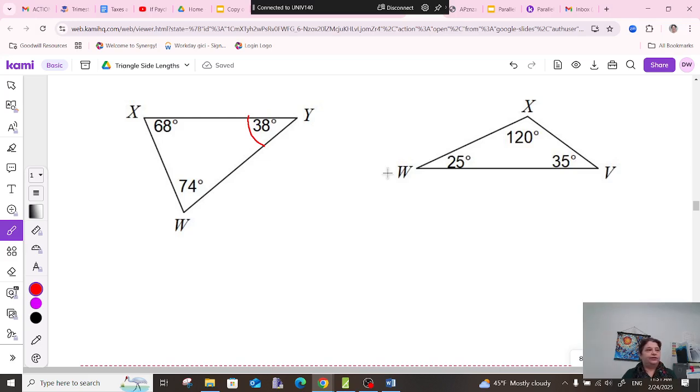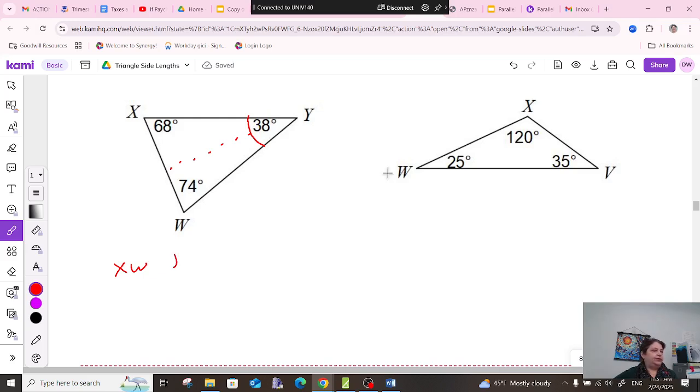Okay, here's the smallest angle. The opposite side would be the smallest side, right? So what side is that? XW. Smallest angle is always across from the smallest side, opposite. Okay, what's the next angle measure?